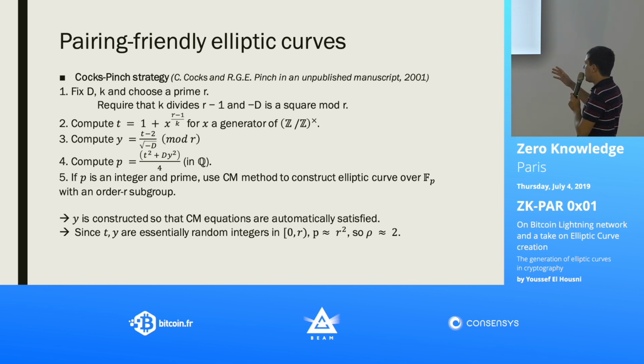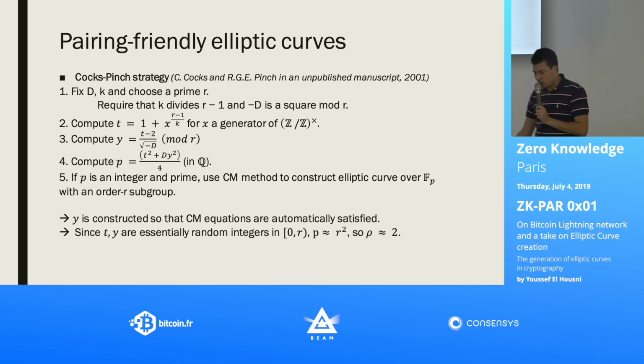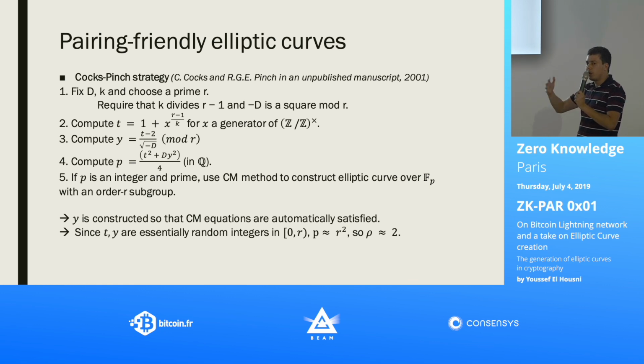So the idea here was to find an elliptic curve where you can master the k. But the drawback is that p is about r squared, so your new elliptic curve will have a ratio equal to 2. You will have 2 more bits in the order than in the characteristic field.